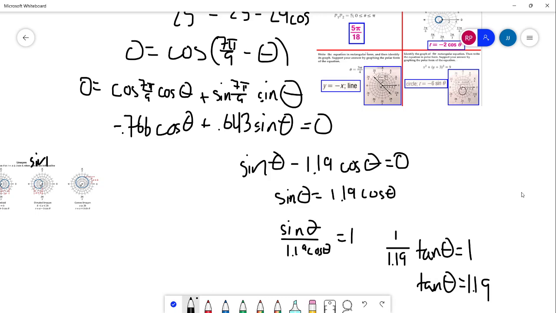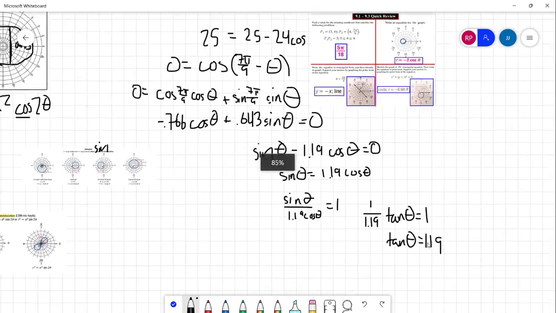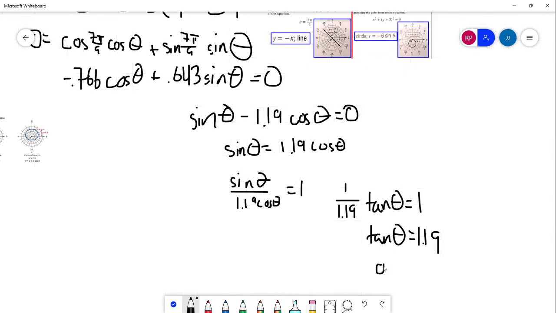Alright, let's see. And that gets me 0.8. So we're going to do arctan 1.19, which gets me 0.872.